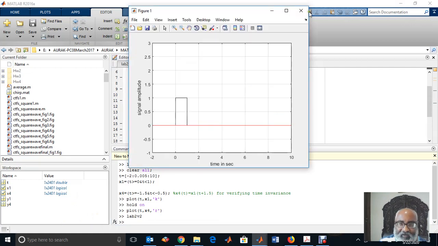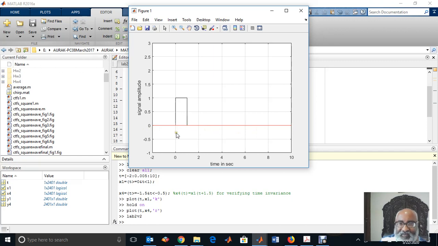Okay, this is the output. As you see here, the black color is y1. The red color, everything is 0.